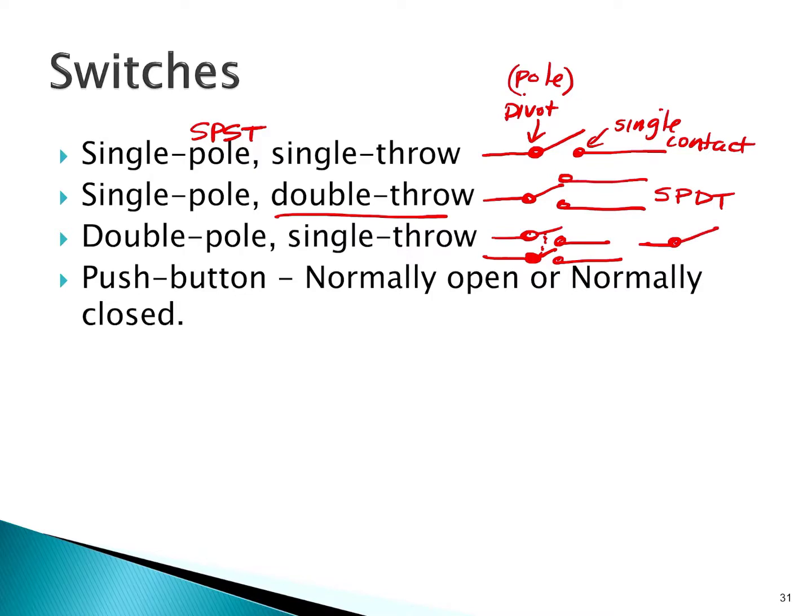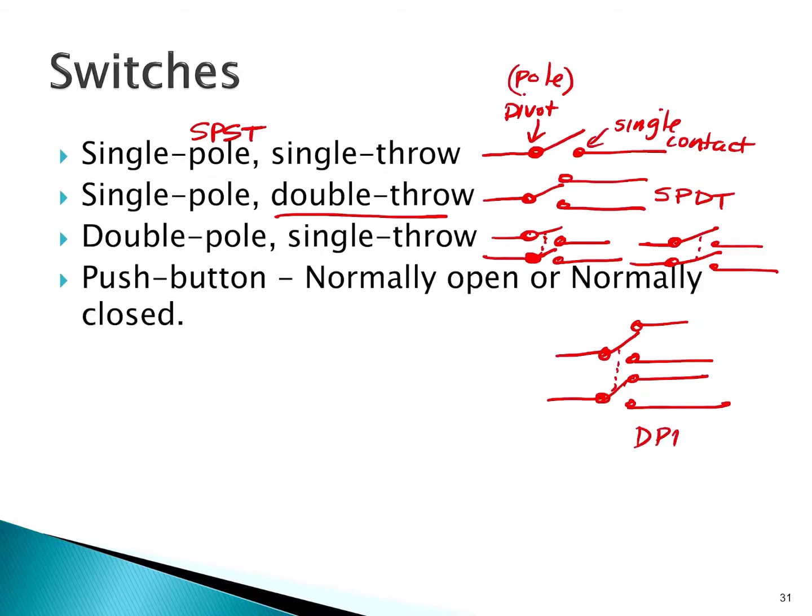A dotted line indicating mechanical interlock between those two throws. Now, one thing we haven't included here, I'll just tell you, would be a double pole, double throw with mechanical interlock in there. That would be called a double pole double throw, DPDT.